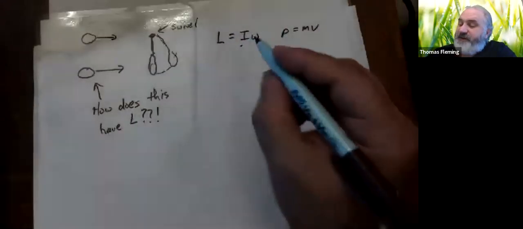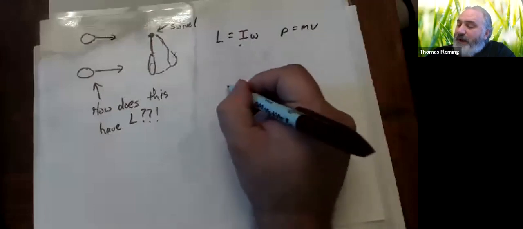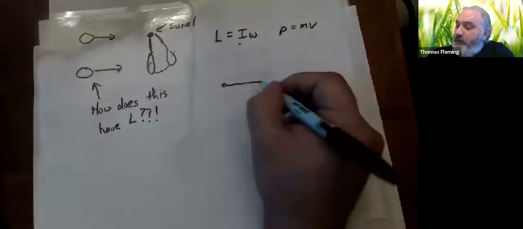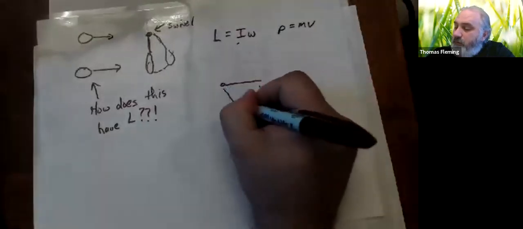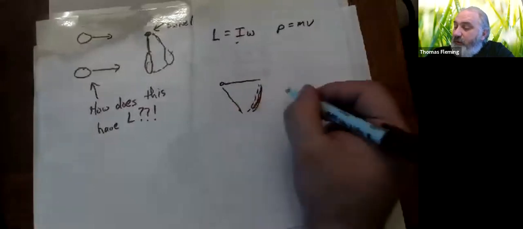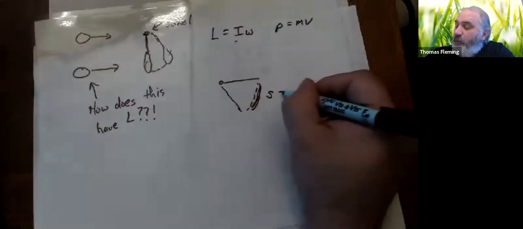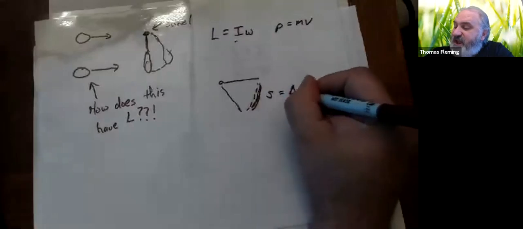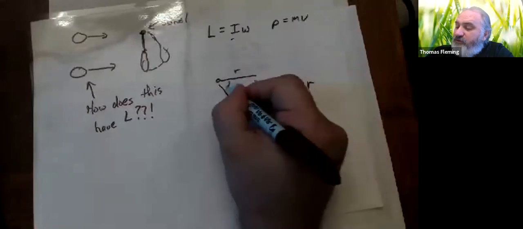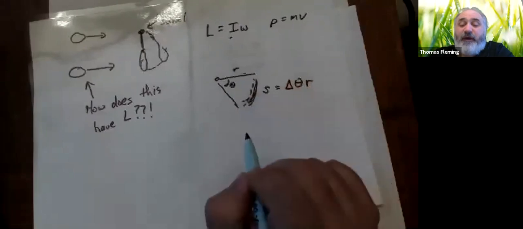If you recall, let's say I have an object that's rotating from here to here, this little dotted line distance there was called the arc length S. S was equal to the change in angular position times r. So I just take this angle times this distance, and that would give me that distance there.